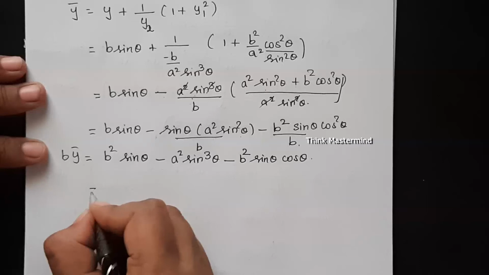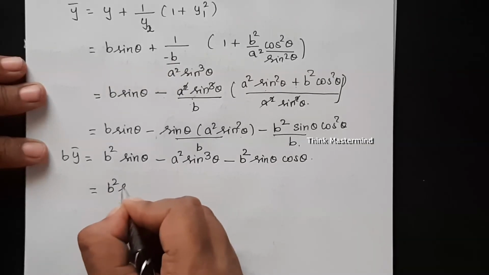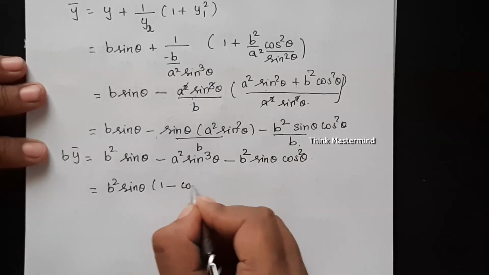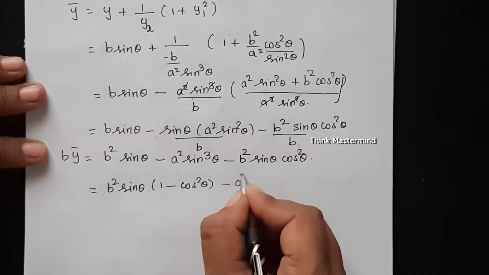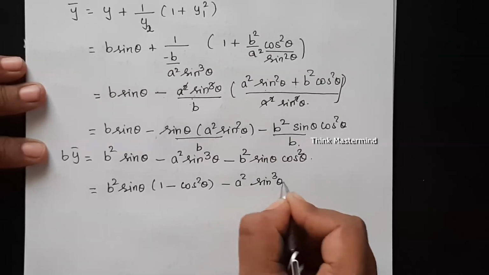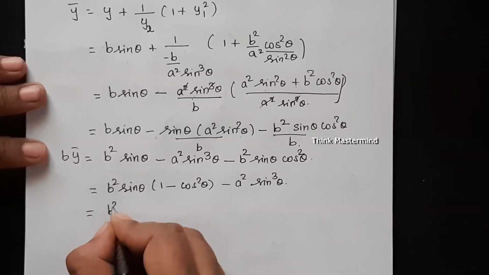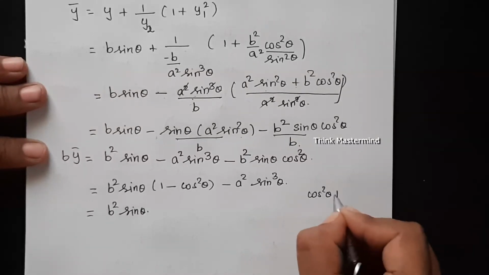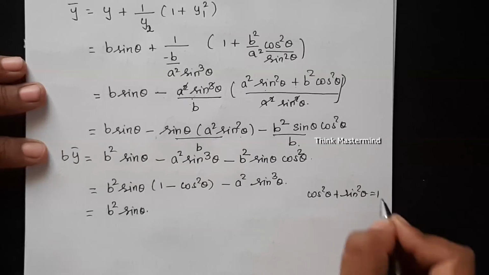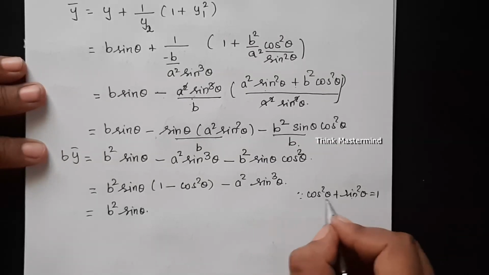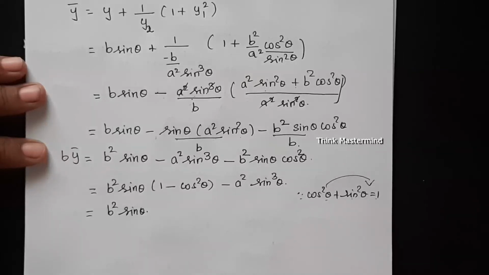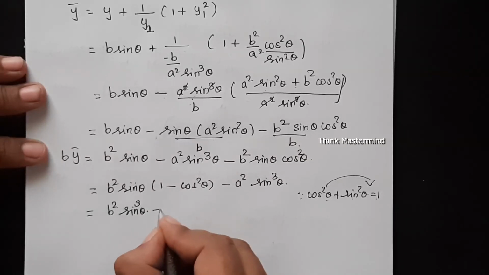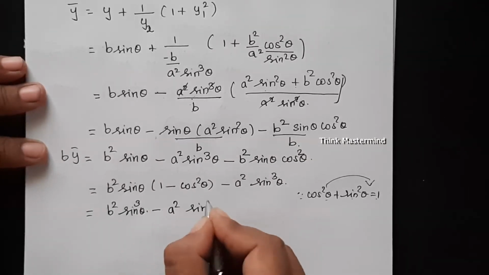So taking b squared sin theta commonly outside, b squared sin theta into (1 minus cos square theta) minus a squared into sin cube theta. Using the identity cos square theta plus sin square theta is equal to 1, 1 minus cos square theta is sin square theta, and already one sin theta is there, that is sin cube theta, minus a squared into sin cube theta.